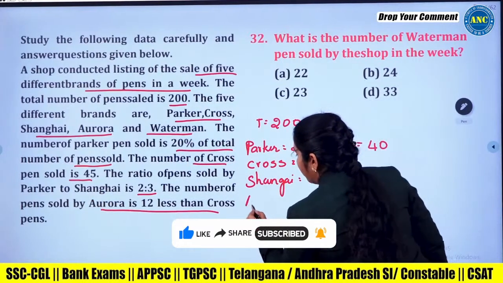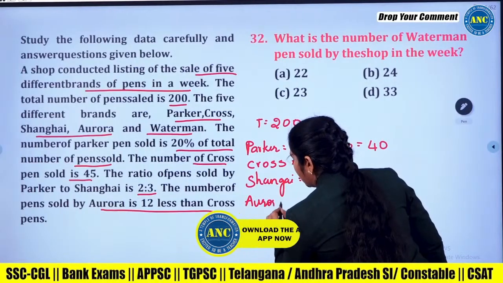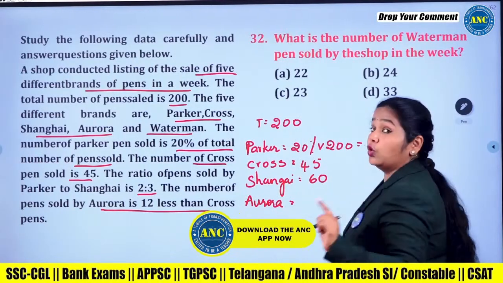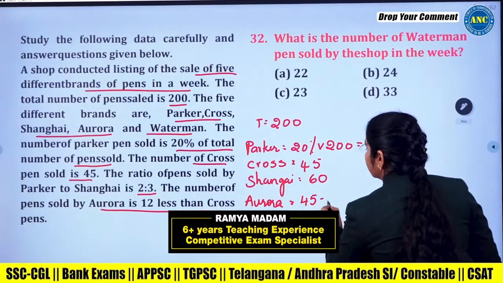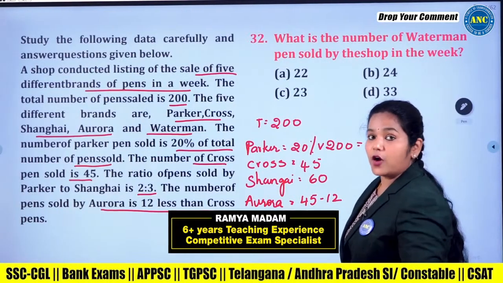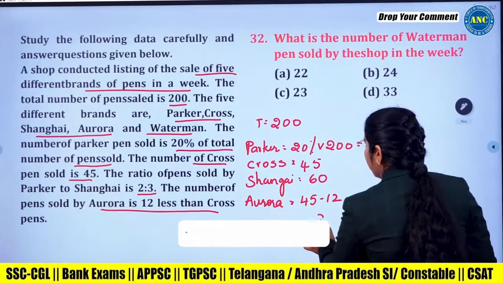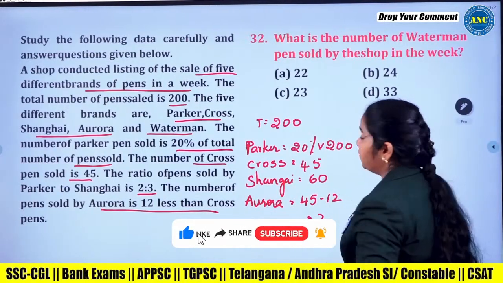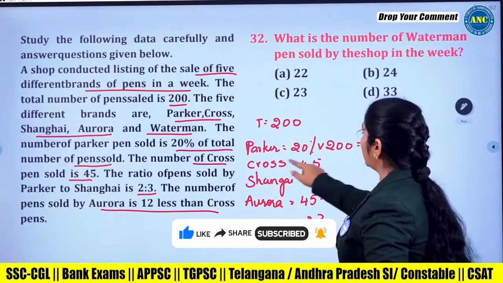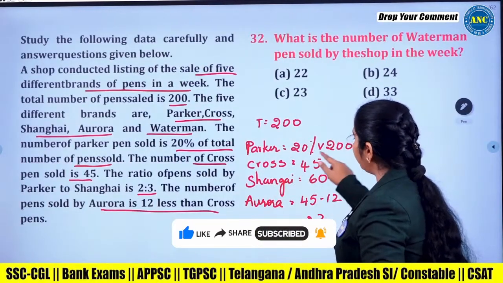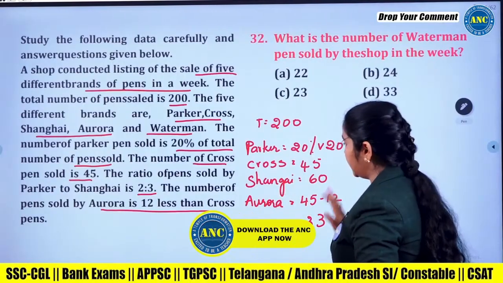So Aurora pens are 12 less than Cross. That means 45 minus 12, which is 33. So we have the complete values: Parker pens 40, Cross pens 45, Shanghai pens 60, Aurora pens 33.